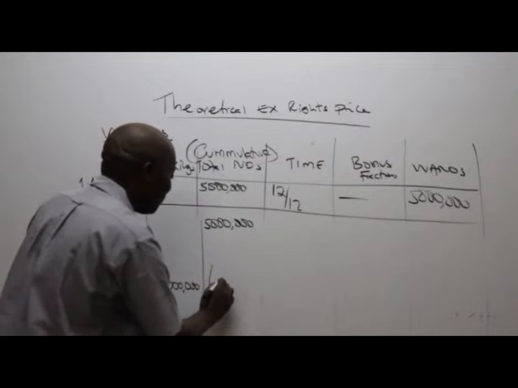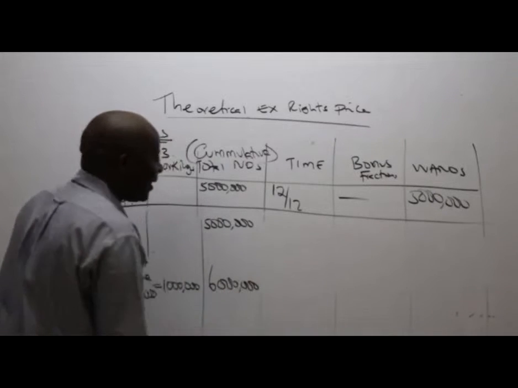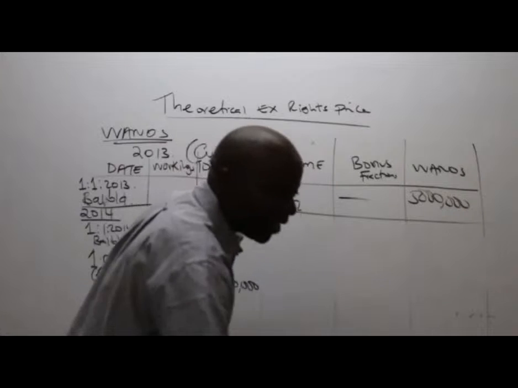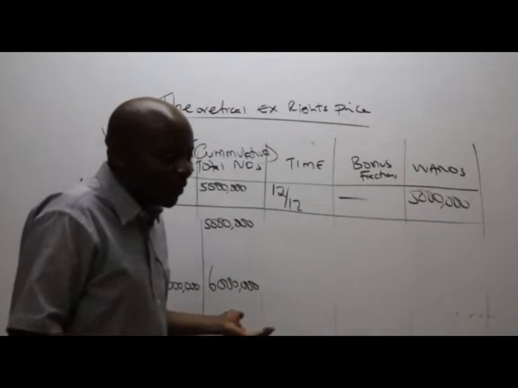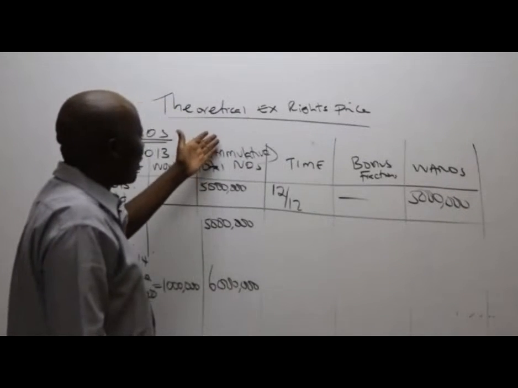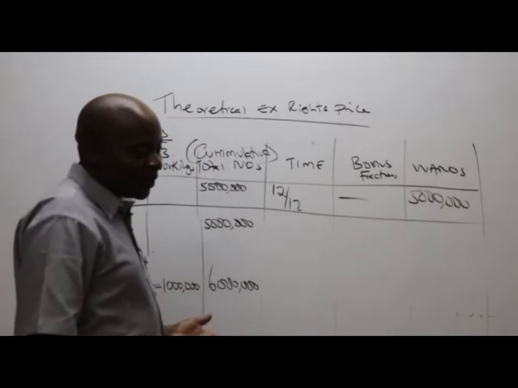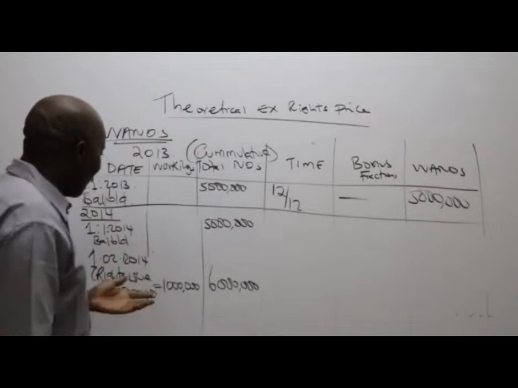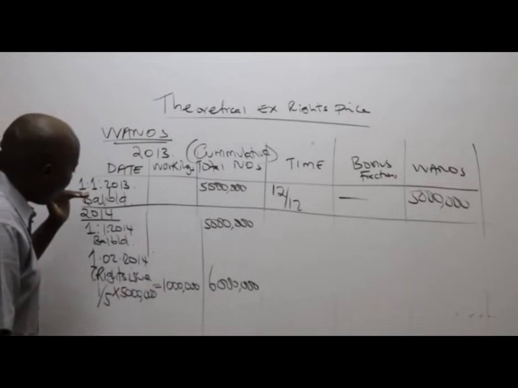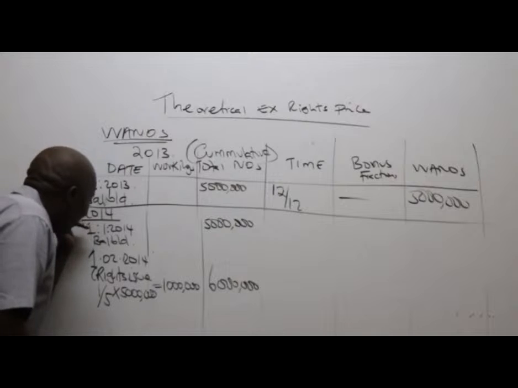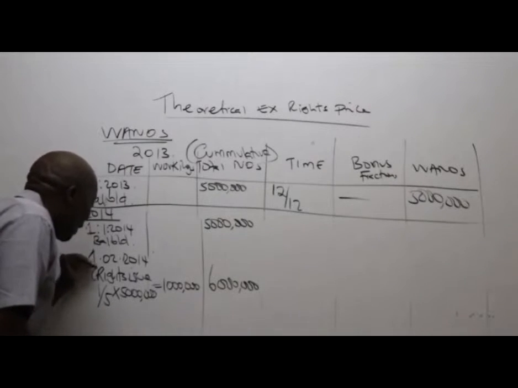6 million. Now, ladies and gentlemen, listen and listen to me very well. There is no other transaction that happened in the year 2014. So from there, unaanza kuhesabu miezi. Kwanza unaanza from this particular date, our opening date, to the next date when we had a transaction.